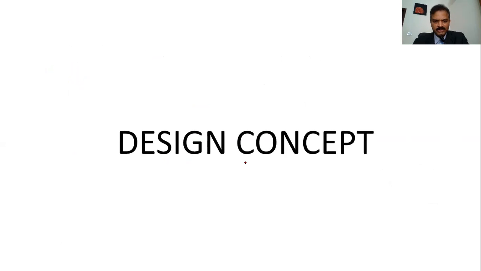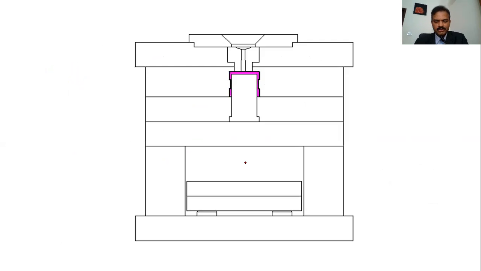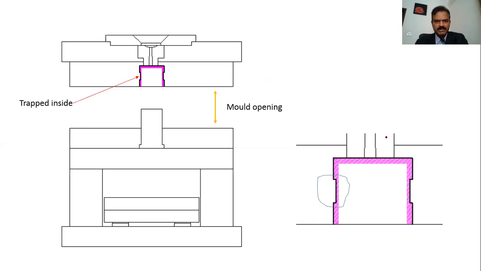Let us go into the design concept now. This is what is going to happen when you go for a traditional design like a two-plate mold. Now, just watch this portion here. What will happen when the mold opens?